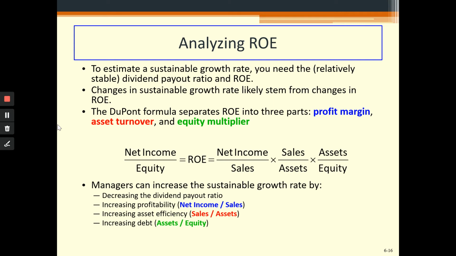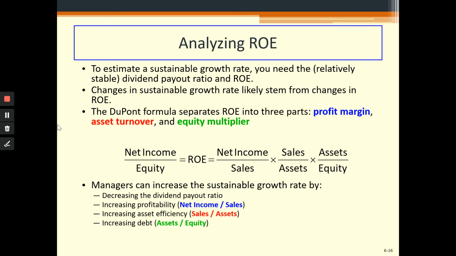Now let's analyze the return on equity, because return on equity is a very important part of finding the sustainable growth rate. So the growth rate can be increased either by increasing the retention of the earnings per share or increasing the return on equity.